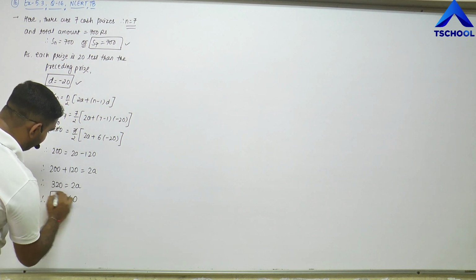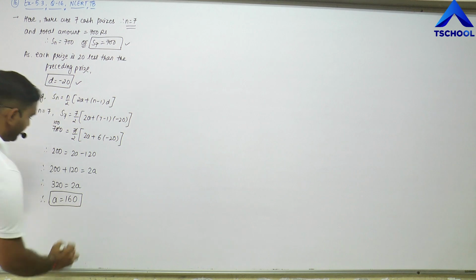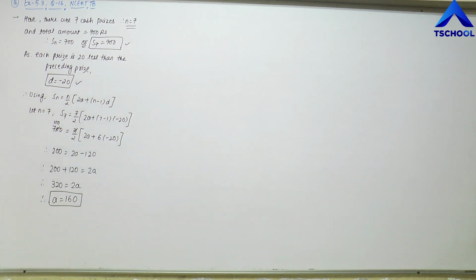So we got the first term, that is a equals to 160. We can also call this 160 the first prize winner's amount. Now we shall find out the rest of the prizes.